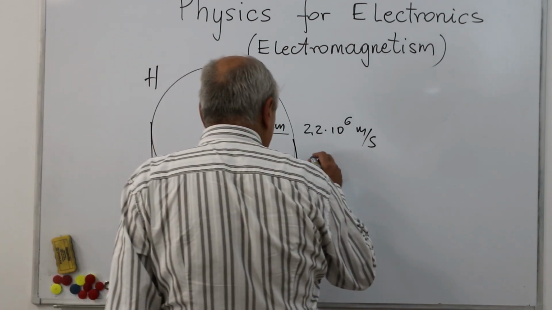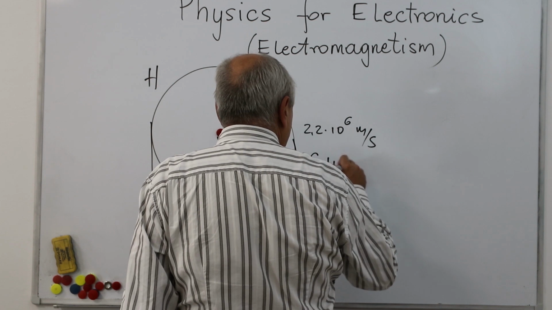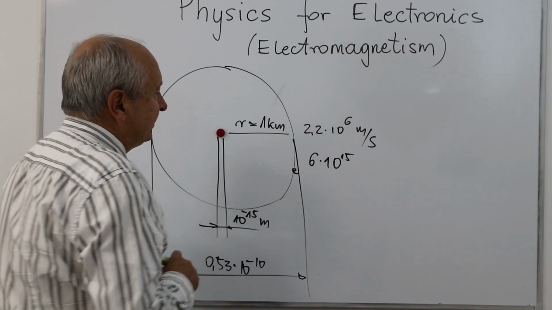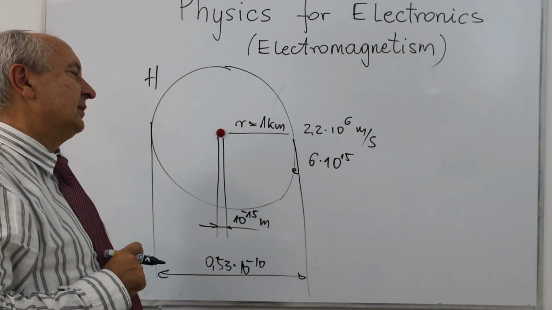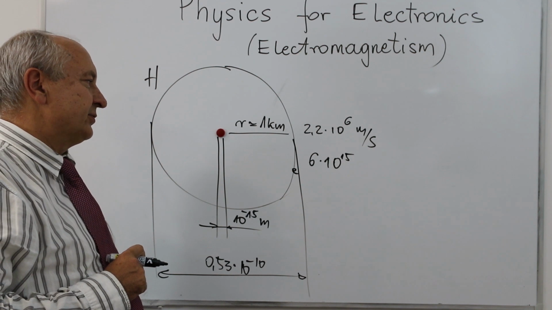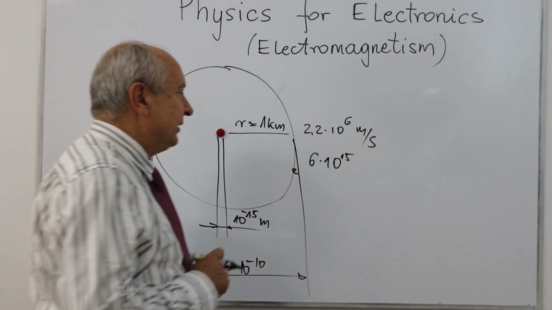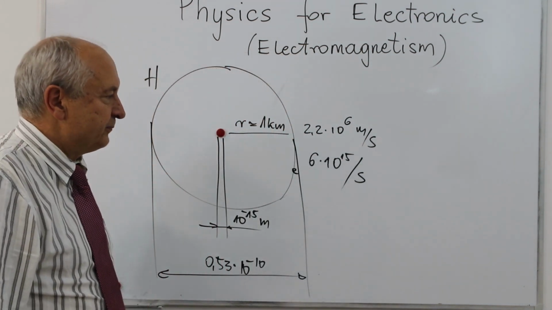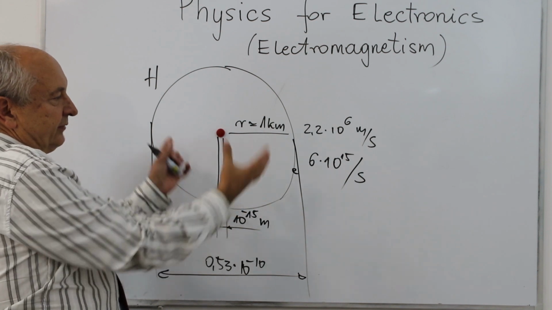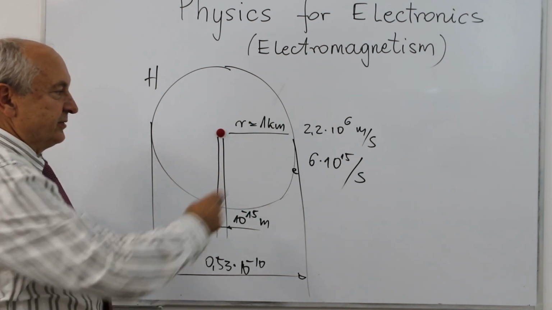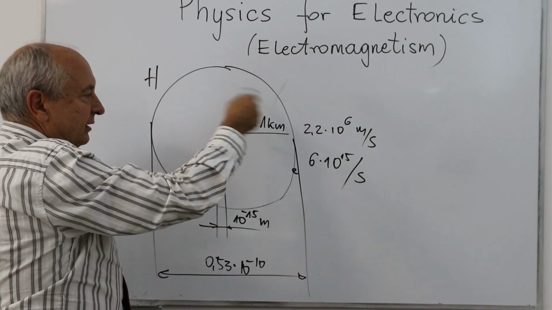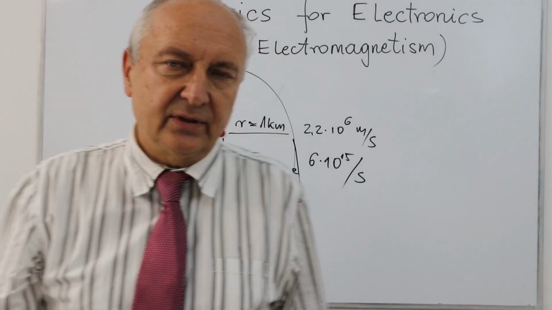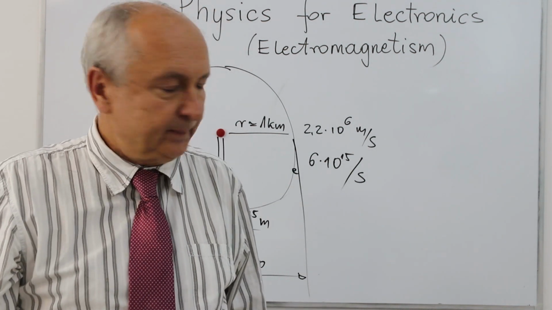During 1 second, the electron rotates around the nucleus 6 times 10 to 15 times per second. So we can see that we have a sphere of electrons, because he rotates so often around the nucleus that it creates a sphere.